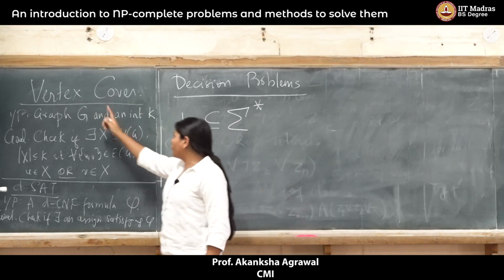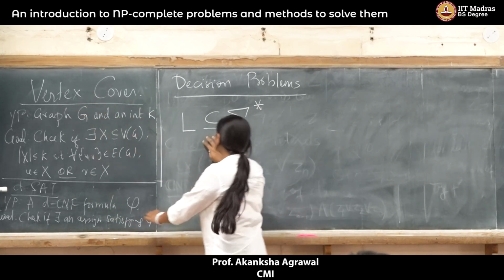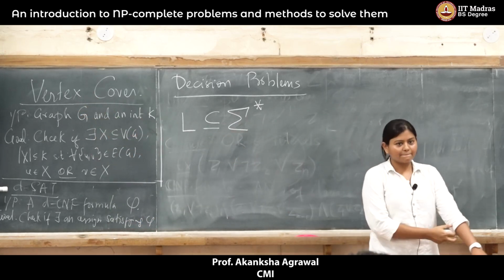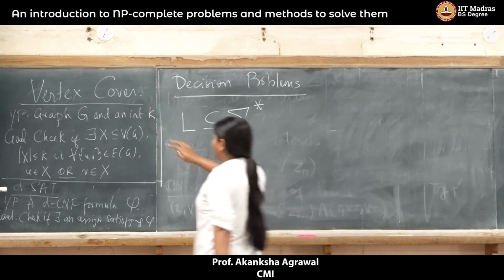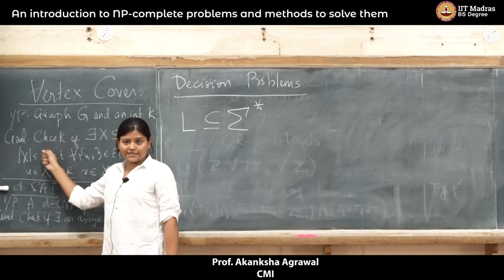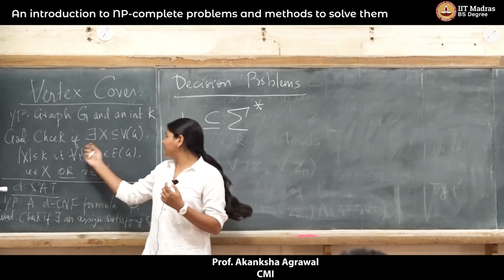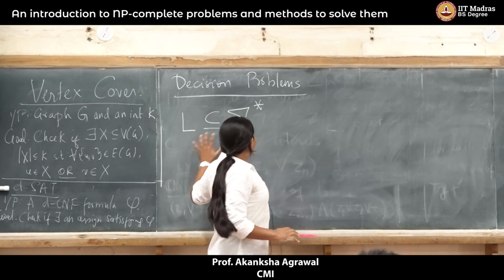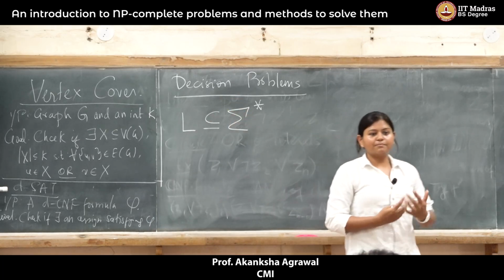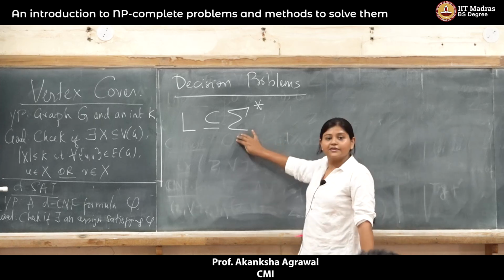How do you encode vertex cover in this format? So this is also a decision problem, right? I'm asking you to check whether such a set exists or not, right? So how do you phrase it as a decision problem in terms of this language?